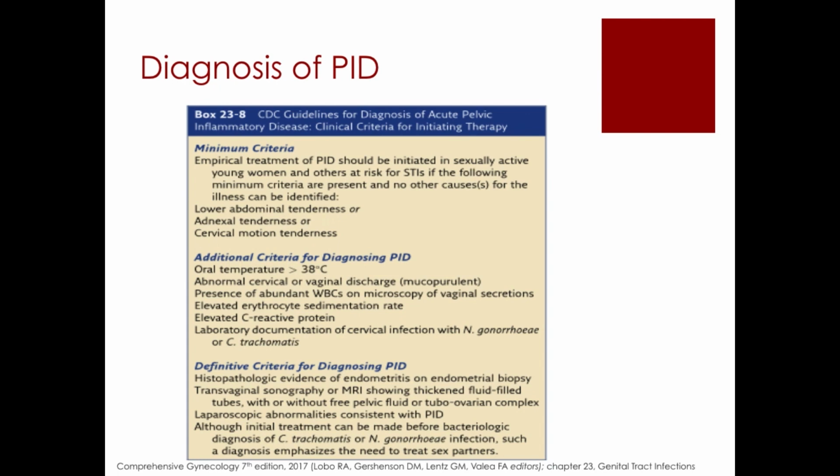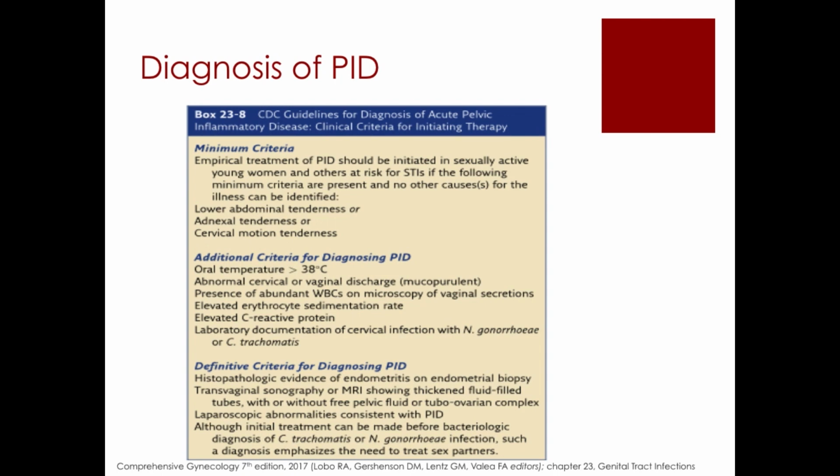Now, as I've said, we have the different criteria for the diagnosis of PID. So usually we just use the minimum criteria, which, as I said, you just have to fulfill one out of the three. It could be lower abdominal tenderness, adnexal tenderness, or cervical motion tenderness.